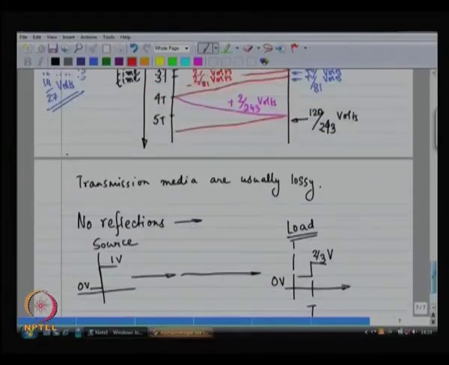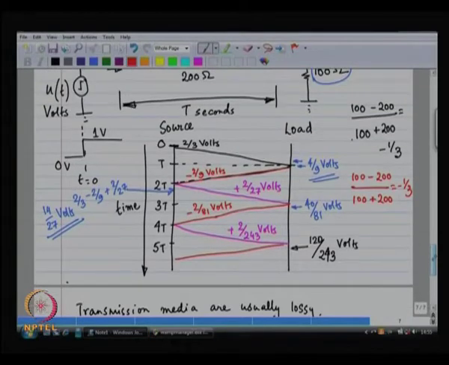I mean, you tried your best and you designed ZL, you tried your best to match it to Z naught, but it is not exactly equal. Then what do you do? Do you have any other choices? Yes, the next thing that you have to do is to try to make sure that the reflection at the source is also very small.